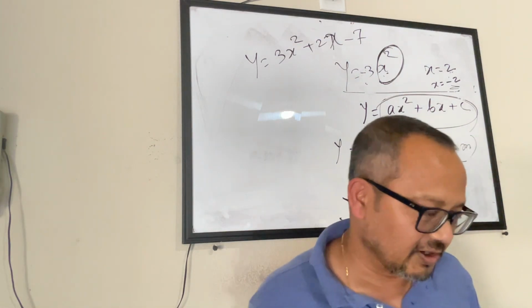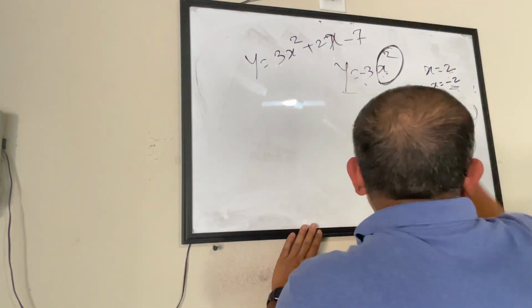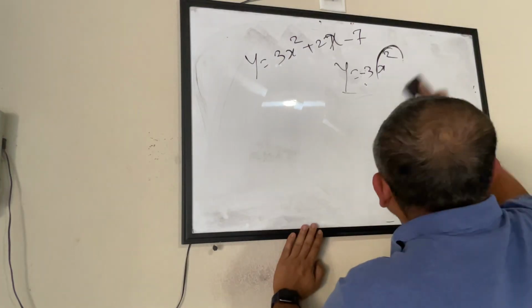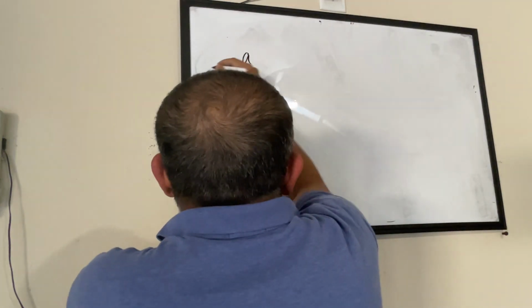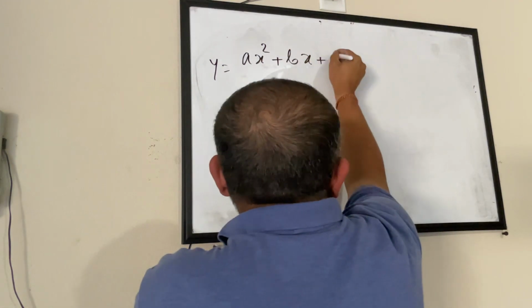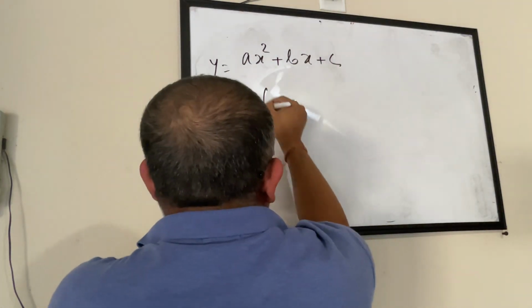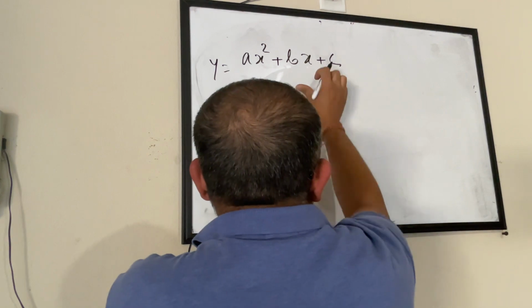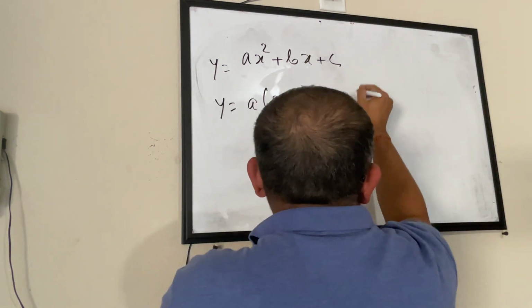but before that, let me think how I want to put it. Let me put the three forms together. One form is y equals ax squared plus bx plus c. Second form is y equals a times x minus l into x minus m.